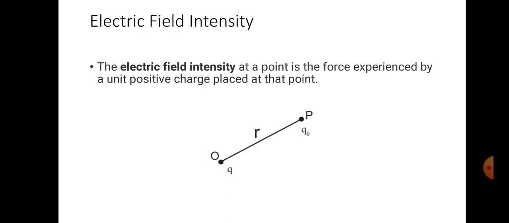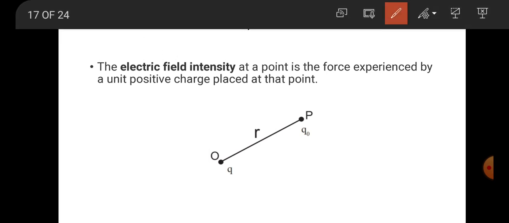So what does intensity mean? It is nothing but the force which is experienced by the unit positive charge which is placed at a particular point. So here suppose Q is a charge, placed at a point O. It is the source of the electric field, or we can call it the source charge. Another charge, which is Q naught, we keep in the surroundings of the source charge, placed at a point P. Both these charges are separated by a distance r.